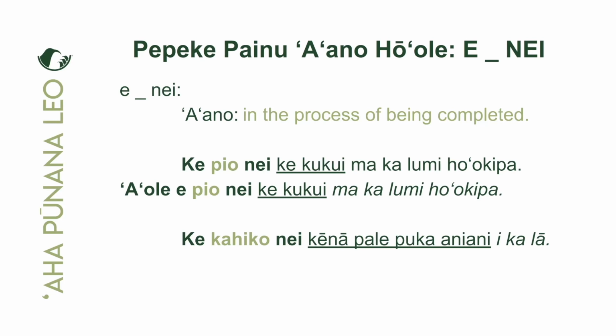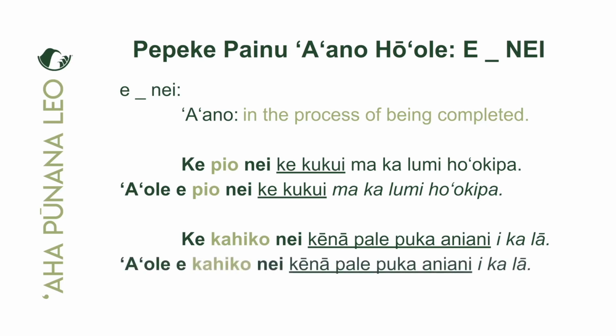Kahiko nei ka pale puka aniani i ka lā. Let's take a look at your pololei. ʻAʻole e kahiko nei ka pale puka aniani i ka lā. That curtain is not in the process of becoming old because of the sun. ʻAʻole. Maikaʻi, hoʻomau aku.